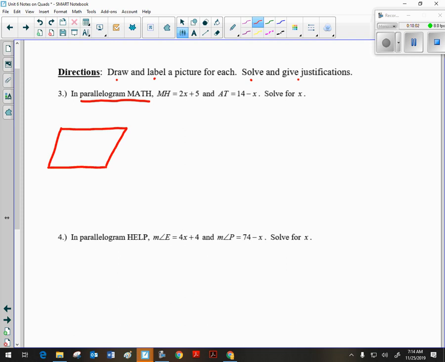So I have a parallelogram that I'm drawing. The name of the parallelogram is MATH. MH, we know, according to this question, is 2x plus 5, and AT is 14 minus x. One of the properties of a parallelogram is that opposite sides are congruent to each other. So my justification for this question is going to be opposite sides of a parallelogram are congruent.